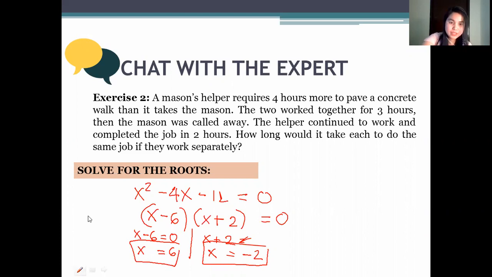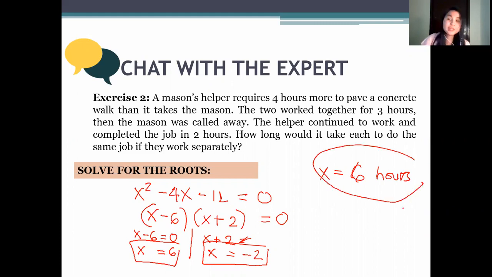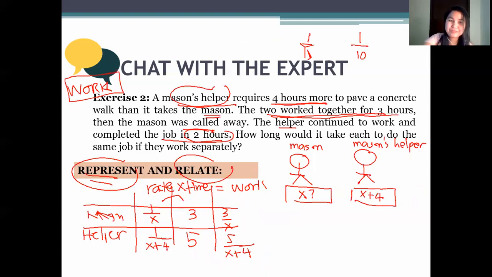But now, here's the next question. x equals 6 hours. But we're not yet done. In problem solving, you need to get back to your question. So what's the question? How long would it take each to do the same job if they work separately? We go back to our table. In the table, how long will the mason work alone?